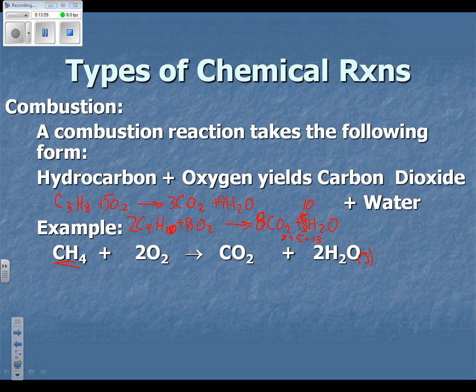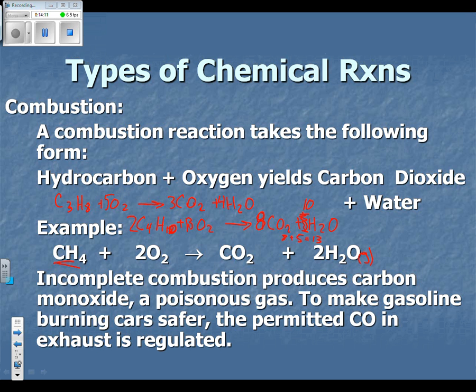Now, when you burn octane, which is also another hydrocarbon, in your car, it should produce carbon dioxide and water, but we're always worried about carbon monoxide when we're dealing with cars. And that's because the engines in our cars are not perfect. And so we end up having incomplete combustion, and that gives us carbon monoxide.